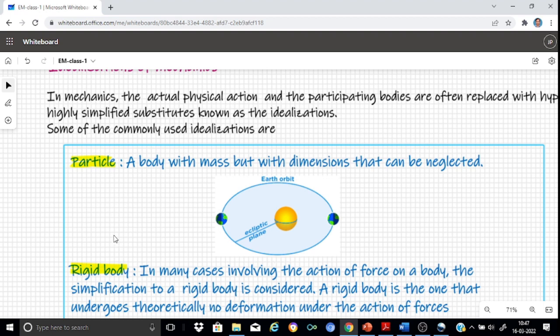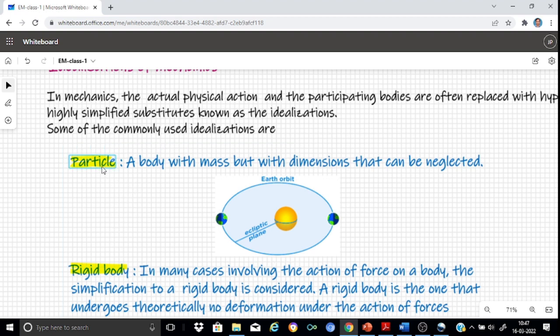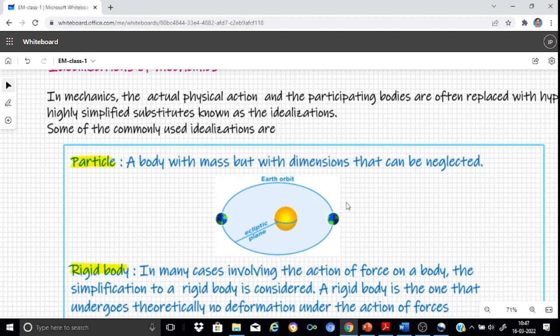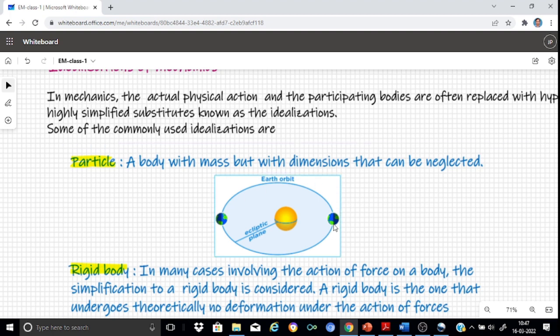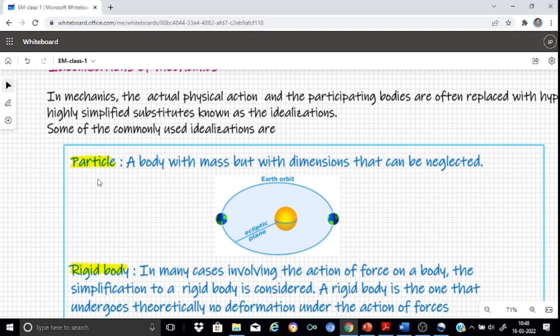Why do we use a particle idealization? Because for this problem, I am interested in studying the orbital motion of the Earth around the Sun, and the size of the Earth is very small compared to its orbit. Therefore, this simplified substitute is acceptable.